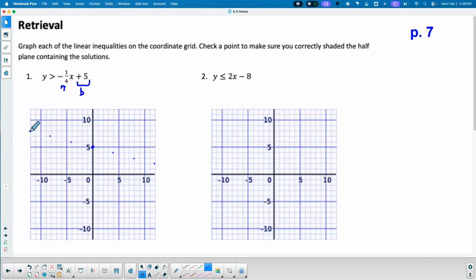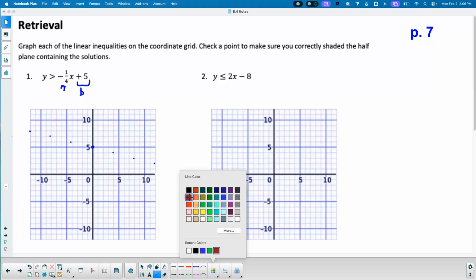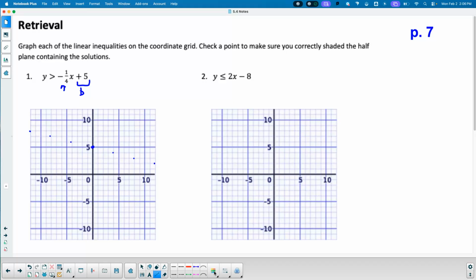Up 1, left 4, so on and so forth. Then this is just a greater than line, so that would be a dashed line. It wouldn't be solid, it would be dashed.